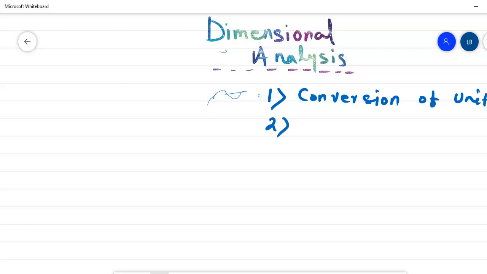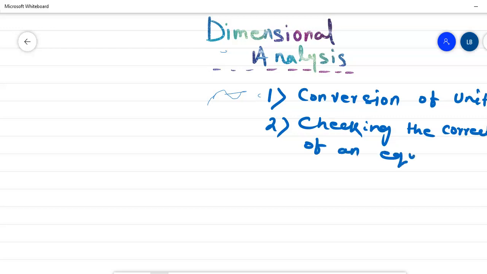The second one will be checking the correctness of a relation, of an equation.